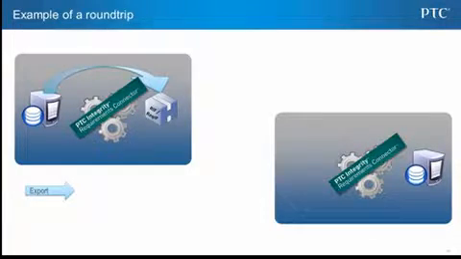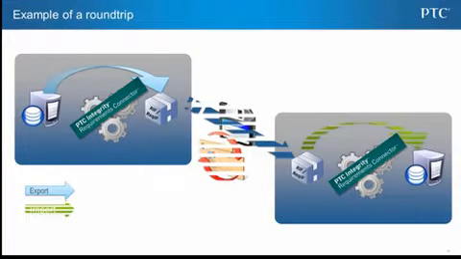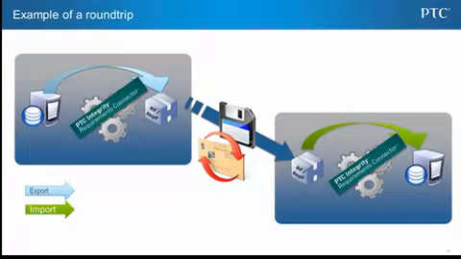So the requirements connector is used to extract the requirements from the system and create a ReqIF standards-based requirements format. That requirements format can then be sent to your supplier. We'll use the left-hand side of the screen as the OEM, and the right-hand side as the supplier.